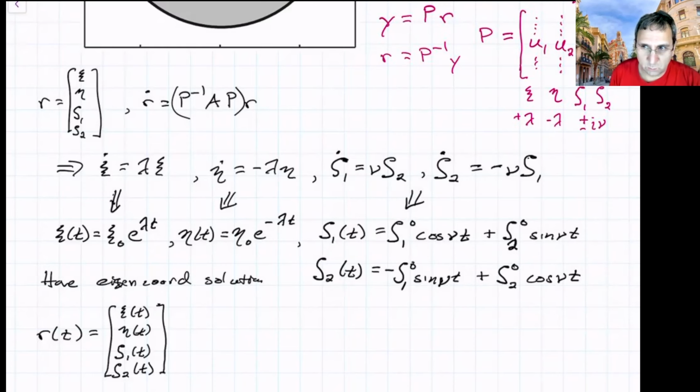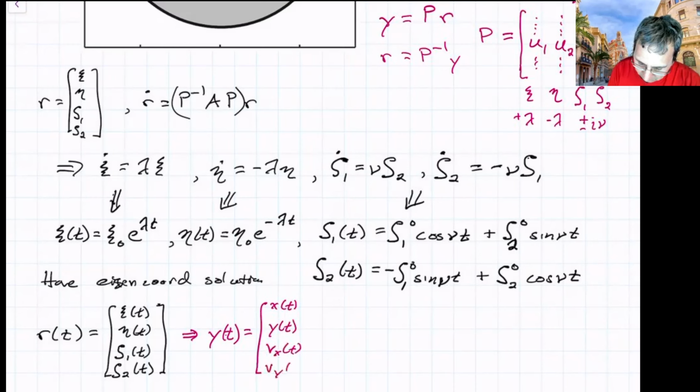And that means we could also easily now get what it looks like in the original space. So I was using the vector y to represent the original space. So y as a function of time is using the coordinates here: x(t), here's the scalar y(t), vx(t), vy(t).